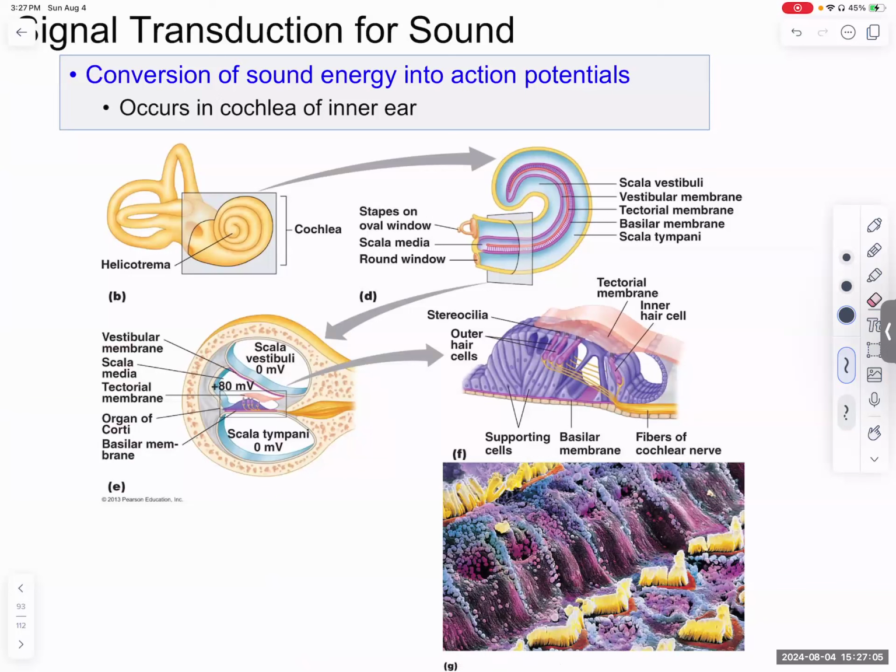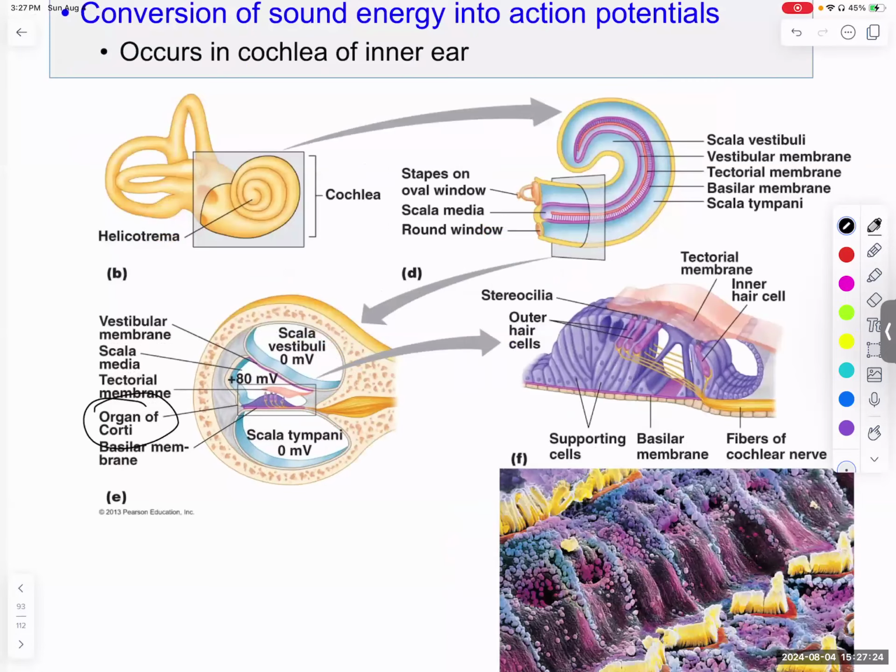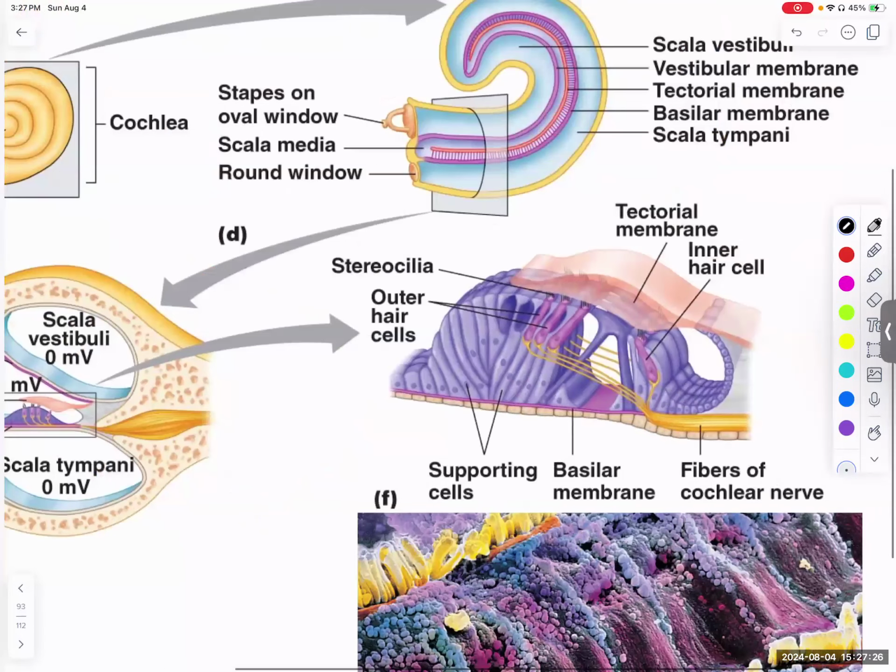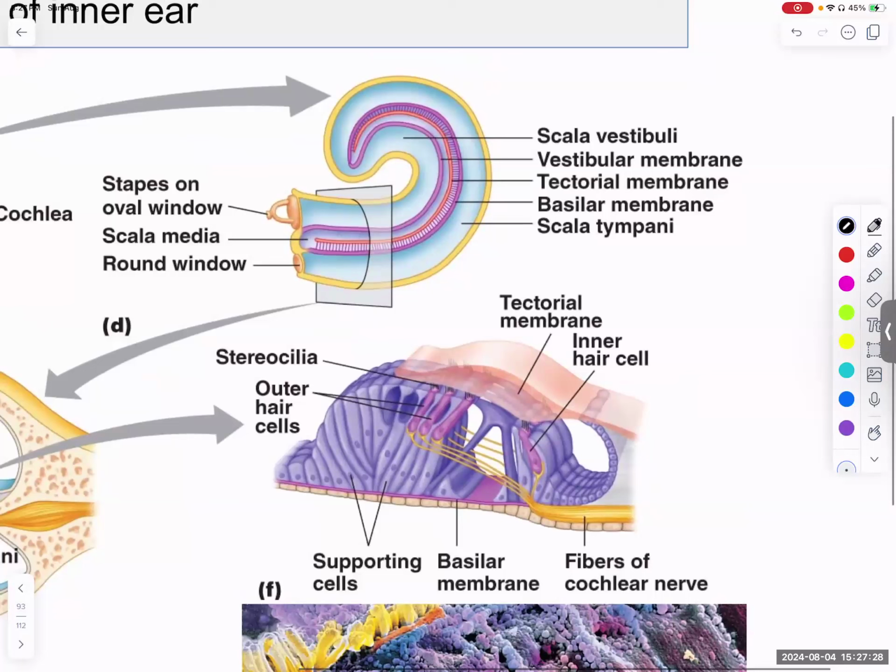Signal transduction for sound, which is conversion of sound energy or wave energy into action potentials, is occurring in the cochlea of the inner ear. So there's something called the organ of Corti. If we are looking at this, we have the tectoral membrane, which is here.